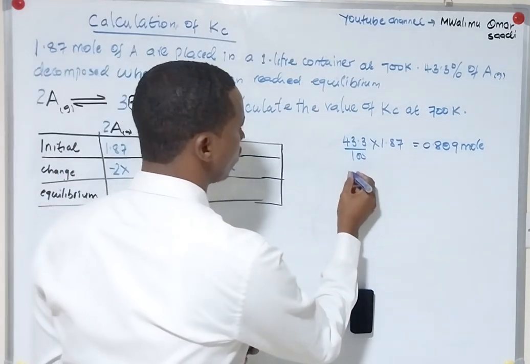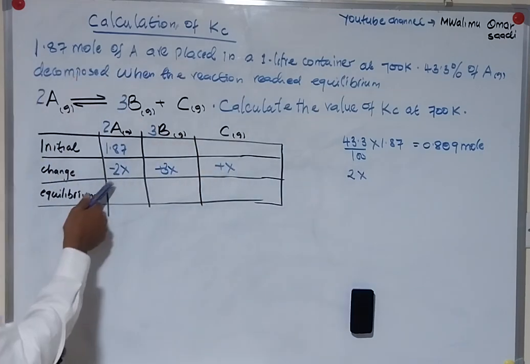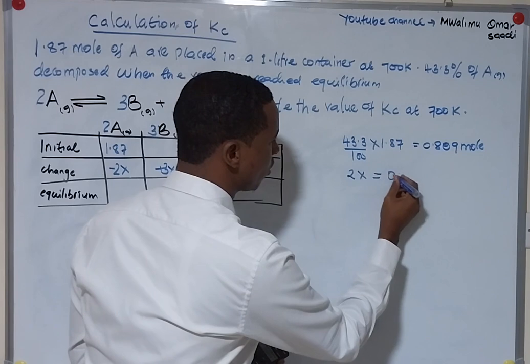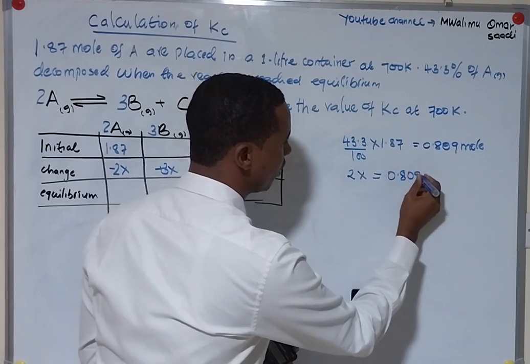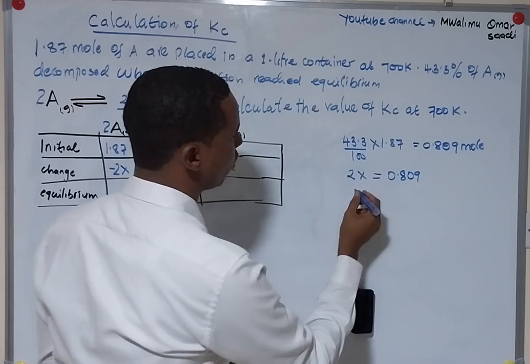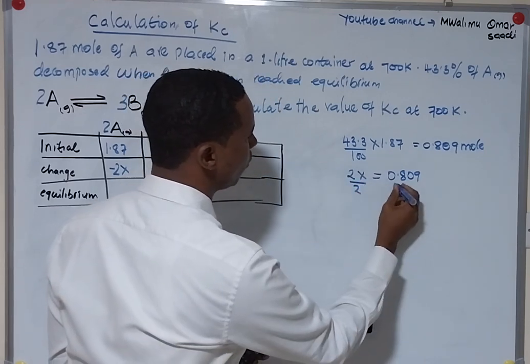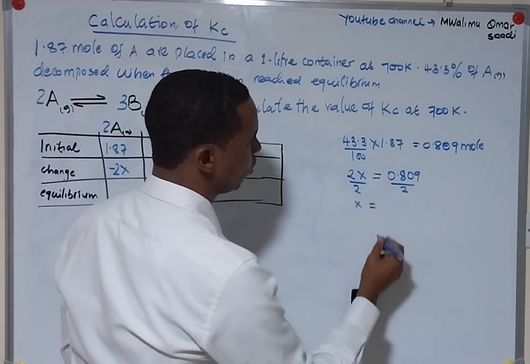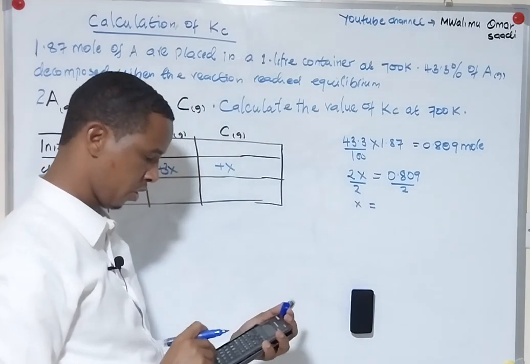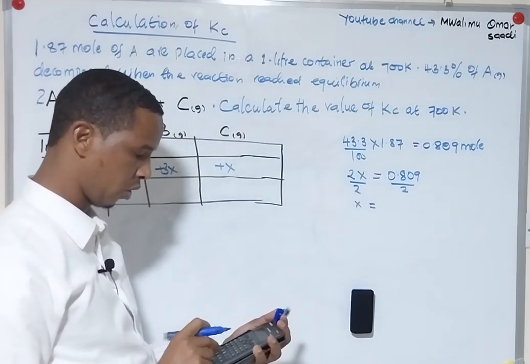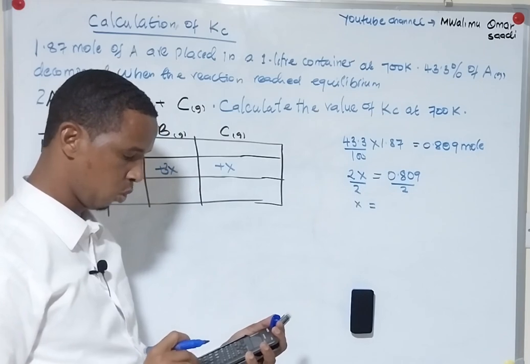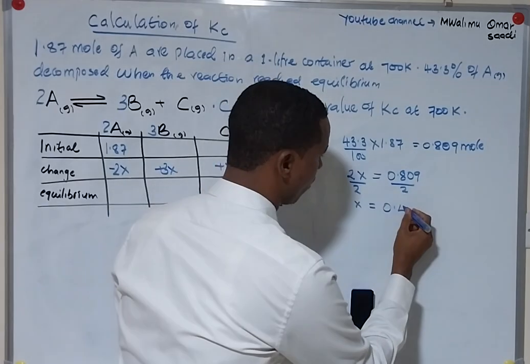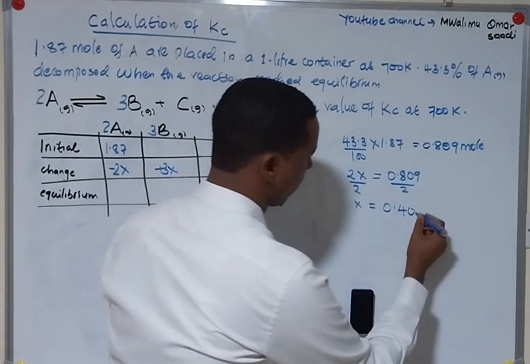So that means 2X, the change, is equal to the number of moles of A, that is 0.809. To get X, let us divide by 2. So X is equal to 0.809 divided by 2, which is 0.4045.